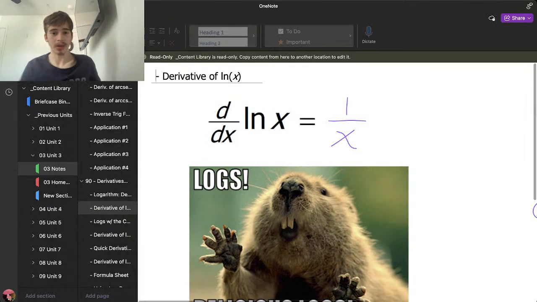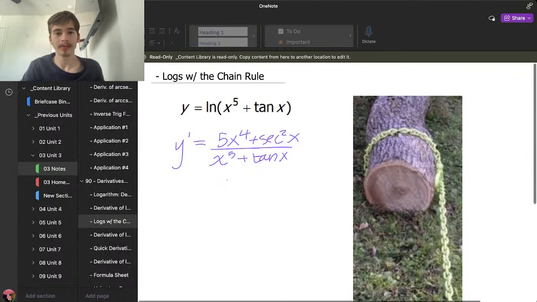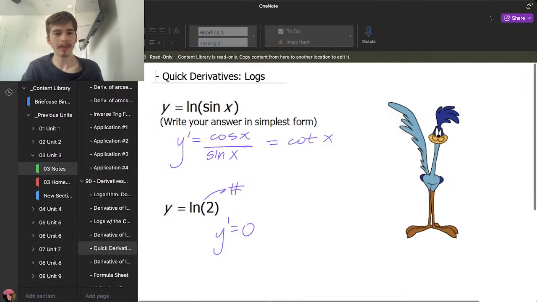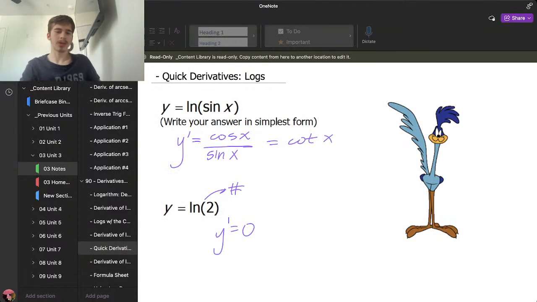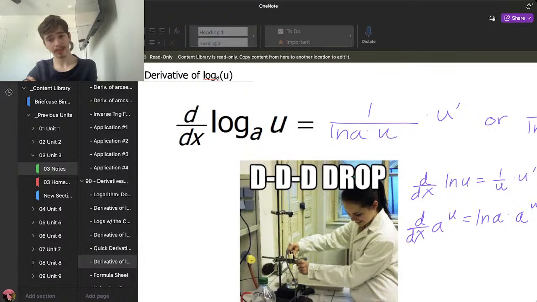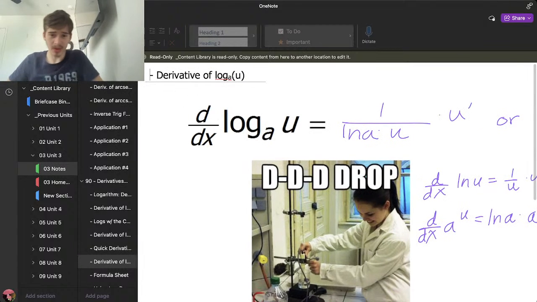Log. The derivative of natural log is just 1 over x. Not bad. This is just a number. Don't be tricked. This is just a number, so the derivative is going to be 0. This one's a little trickier. Just know it's 1 over natural log of whatever the base is, times u.